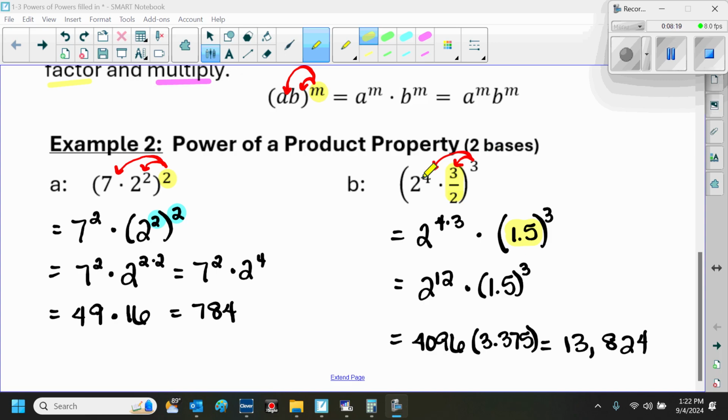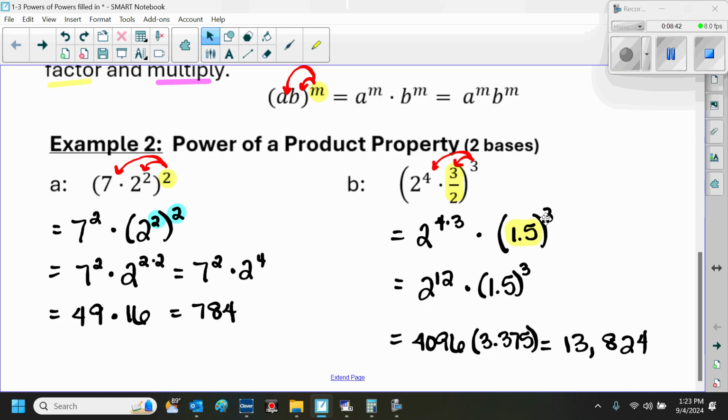So that's 2 to the 4 times 3. Is everybody clear with that? And then we've got the 3 halves, and I've just changed the 3 halves to a decimal, 1.5. So that's going to be 1.5 to the 3rd power. Everybody good?